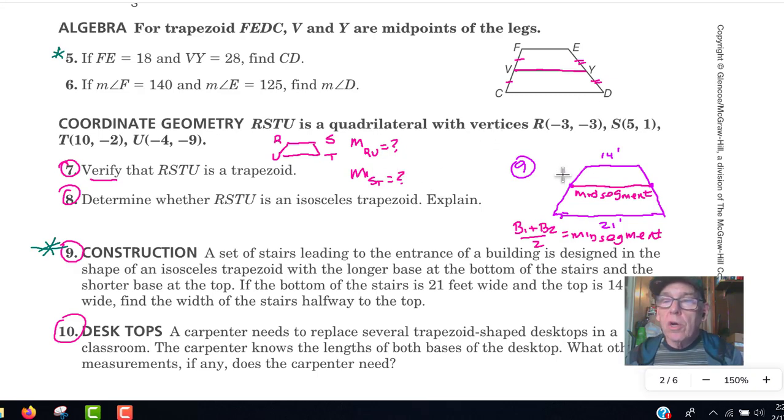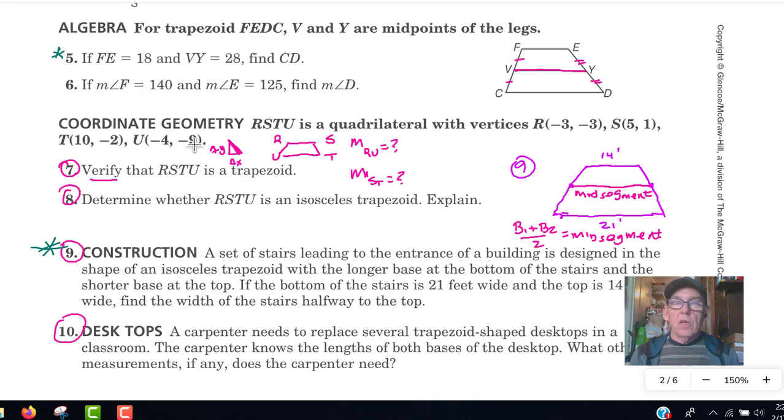So let's look at finding the slope of RU. So from R to U, we're looking for the change in Y first. In general, change in Y over change in X is the slope. The change in Y from R to U was going from -3 to -9.